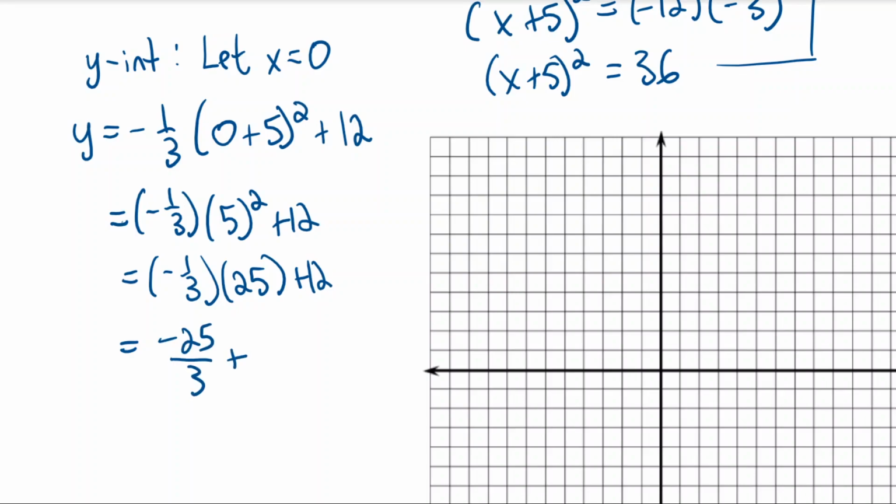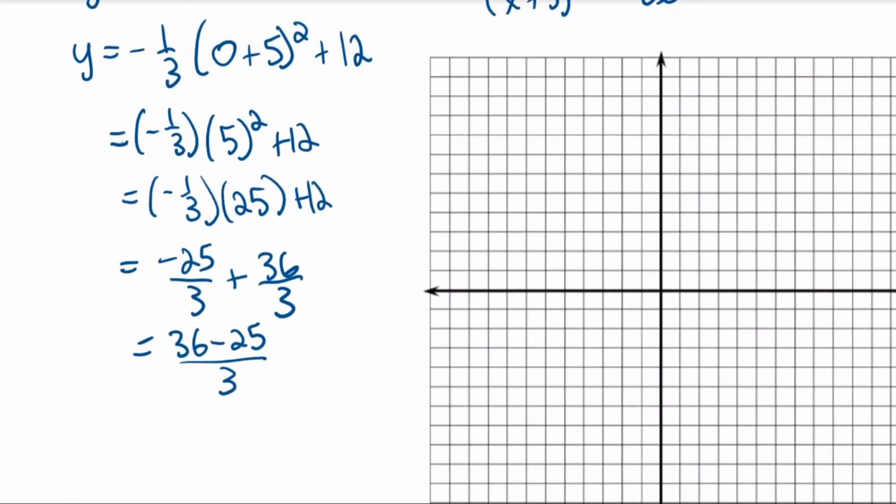But instead of thinking of 12 as 12, I can think of 12 as 12 times 3 is 36 over 3. 36 over 3 is 12, right? So this allows me then to go like this, 36 minus 25 all over 3, which is 11 over 3, okay?